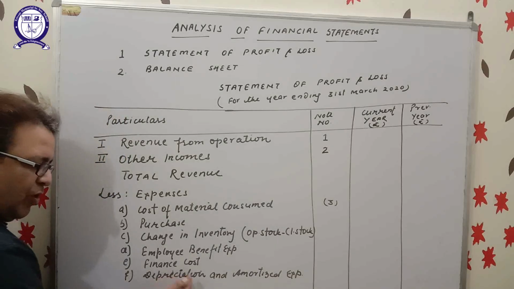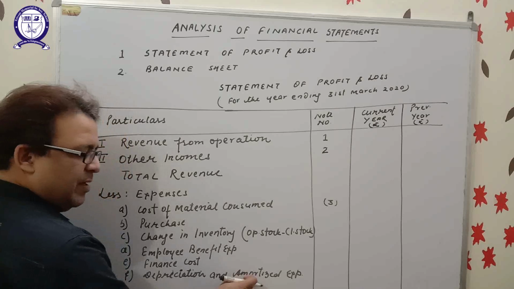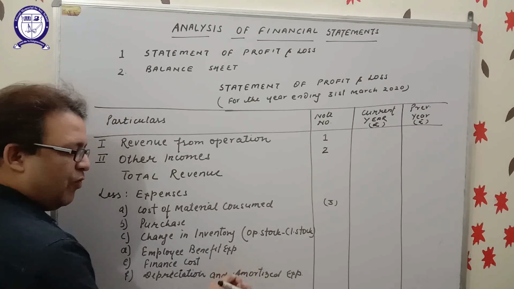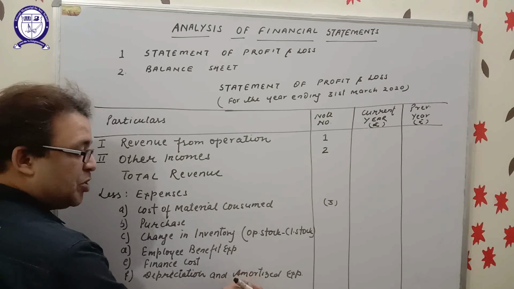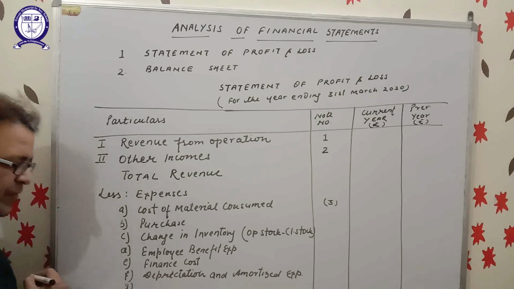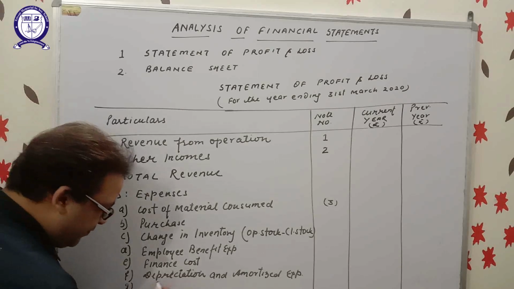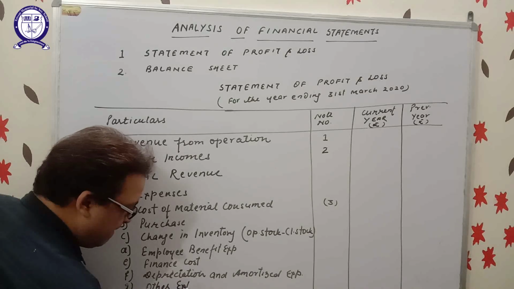Depreciation means fall in the value of fixed assets, and amortized means goodwill written off, patents written off. That means you can say depreciation on intangible assets. Next, other expenses.